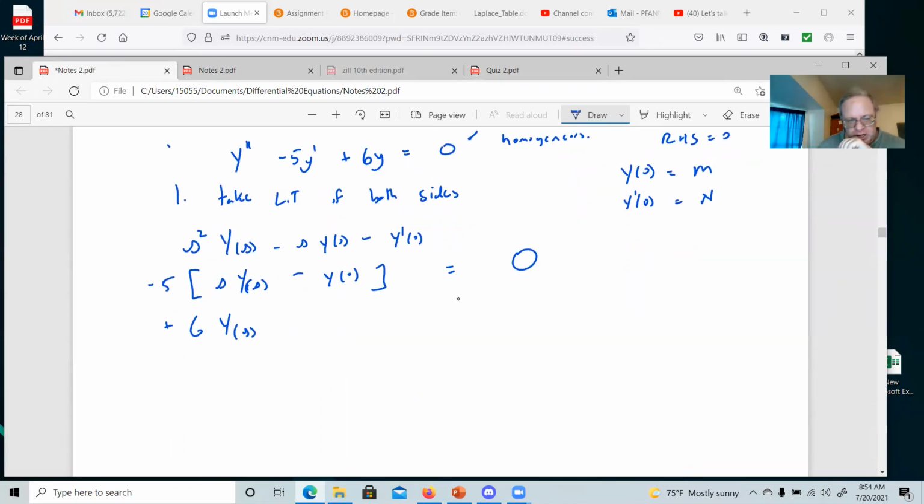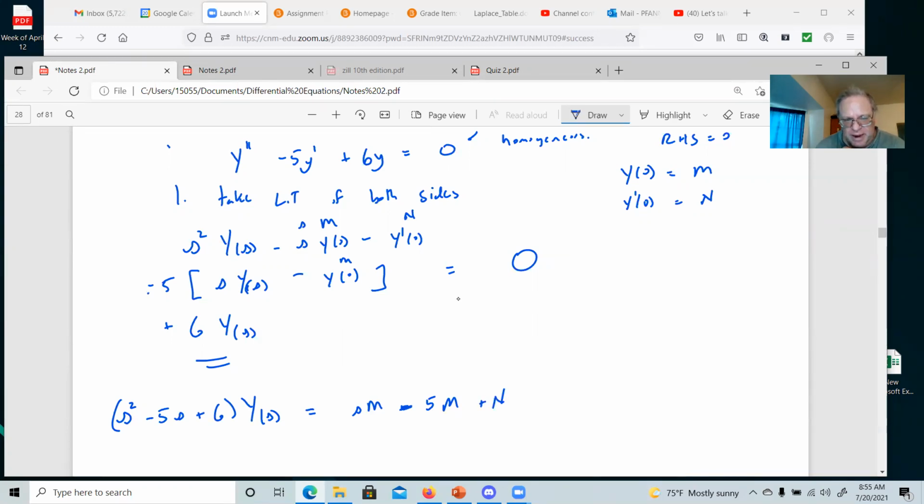Normally I collect these pieces over here. Collect the Y(s)'s. So we're going to have s squared minus 5s plus 6, and these are all times Y(s). On the other side, calling y of 0 m and y prime of 0 n, this is equal to s m, plus 5, oh wait, it's minus 5 m, plus n.